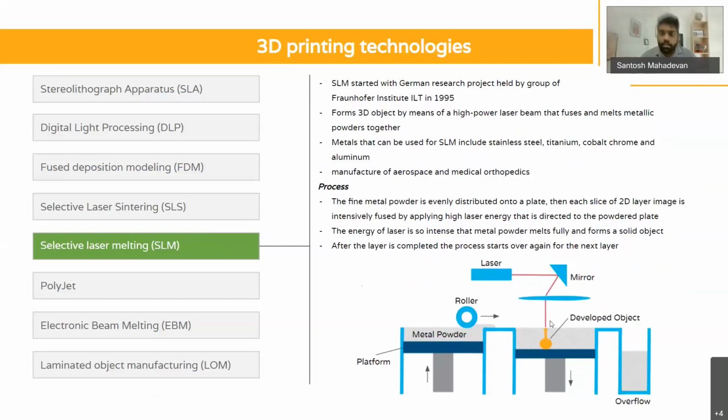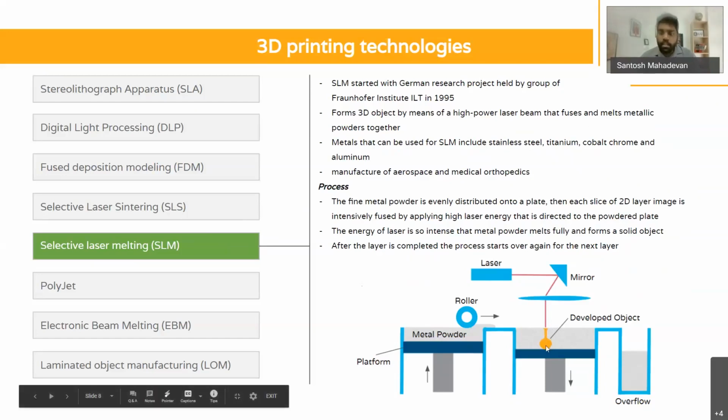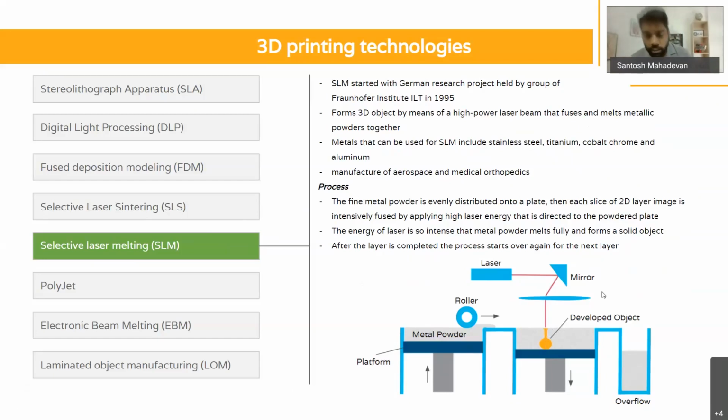And this method creates something known as a green part. In industry and mechanics, when we say green part, it means that the part is not fully formed internally. The lattice structures and lattice bonds of the part are not fully developed, and for this reason they have to be heat treated in an autoclave for a couple of hours before they can be deemed usable for applications.